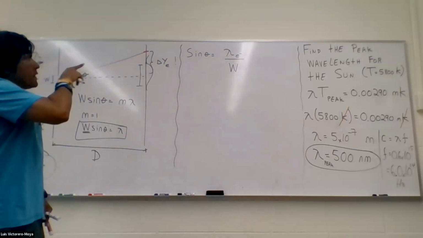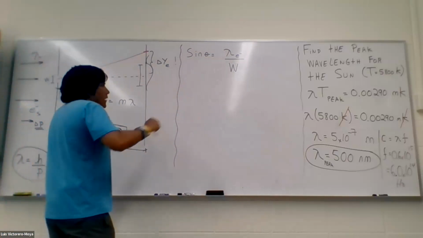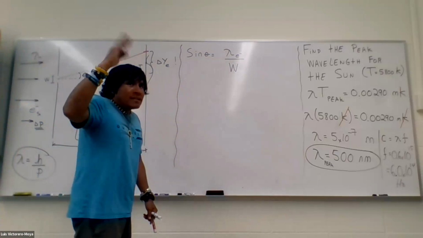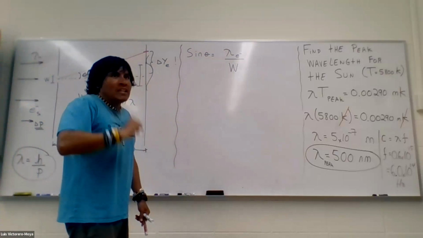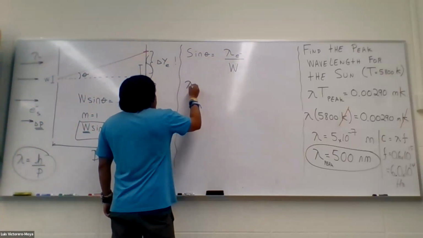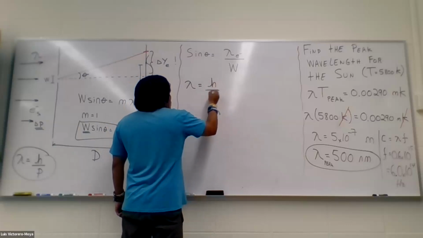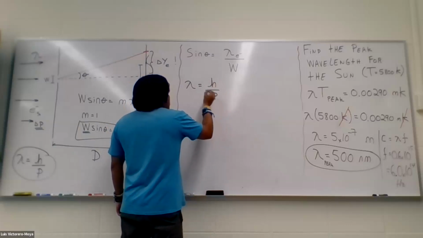Now, that wavelength is not just any wavelength that you can adjust. We're talking about electrons. So the wavelength is equal to h over delta p.